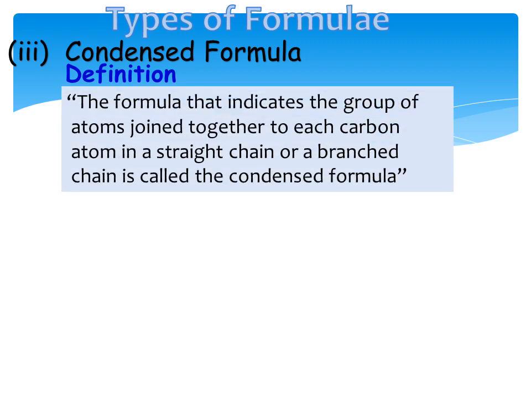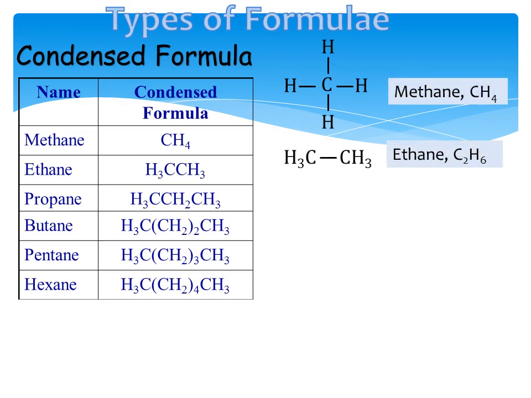Condensed formula is the third type, where we indicate the group of atoms joined to each carbon atom in a straight chain or a branched chain. In the case of methane, CH4 is the condensed formula. Ethane, which is C2H6, is represented as CH3CH3.